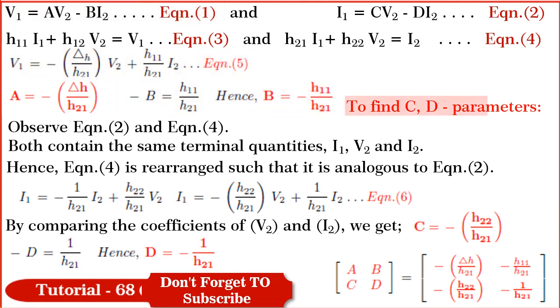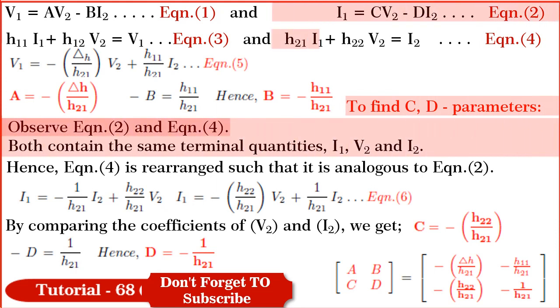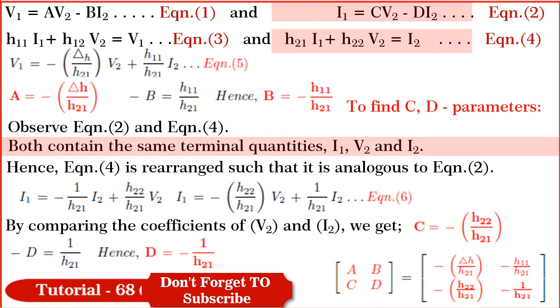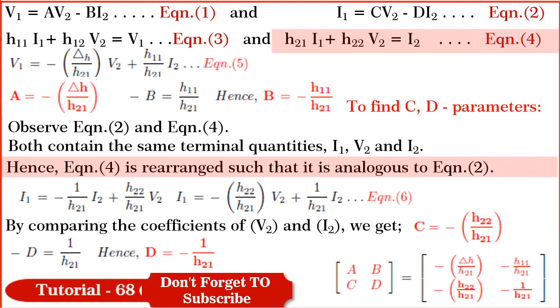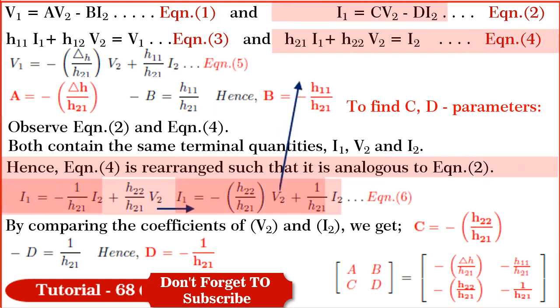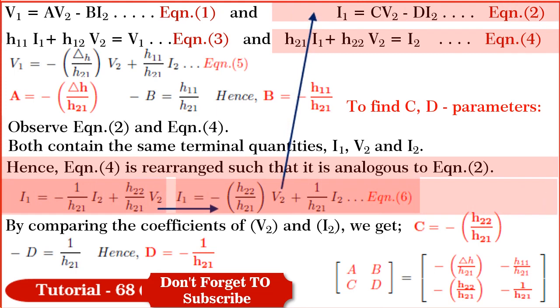To find C and D parameters, observe equation 2 and equation 4. Both equations contain the same terminal quantities I1, V2 and I2. Hence, equation 4 is just rearranged such that it is analogous to equation 2.